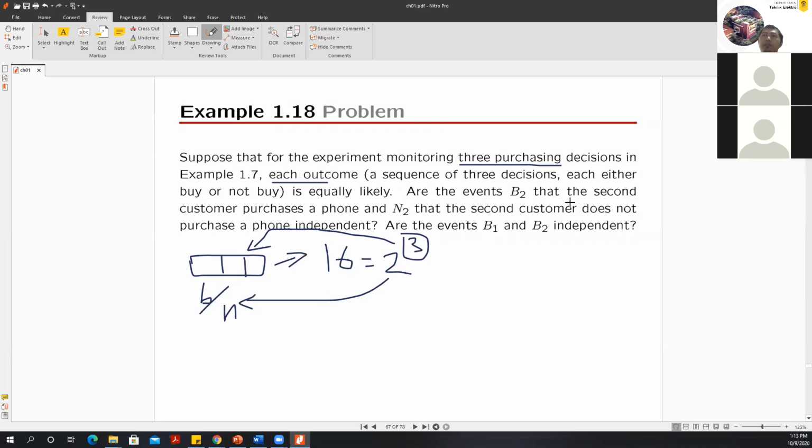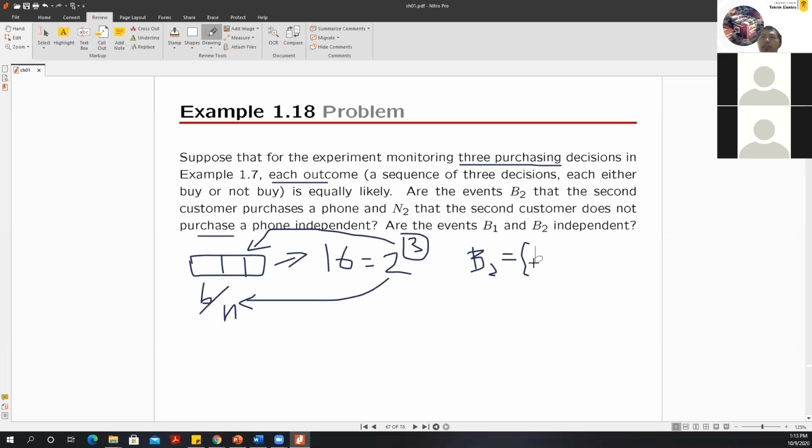Are the event B2, that the second customer purchases, and N2, that the second customer does not purchase, independent? And next, are the events B1 and B2 independent? Actually, B2 means the second customer must buy.